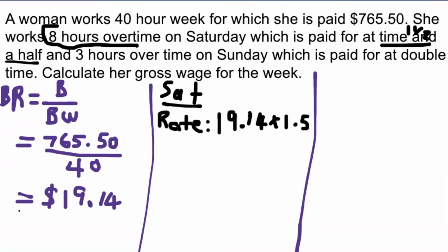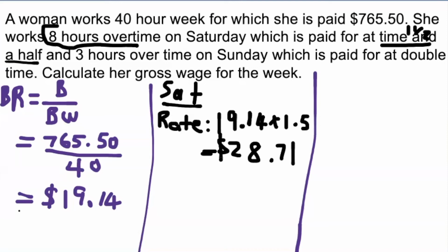So this will give me my new rate. $19.14 times 1.5, the new rate is $28.71. So this is the new rate that this person is getting on a Saturday.